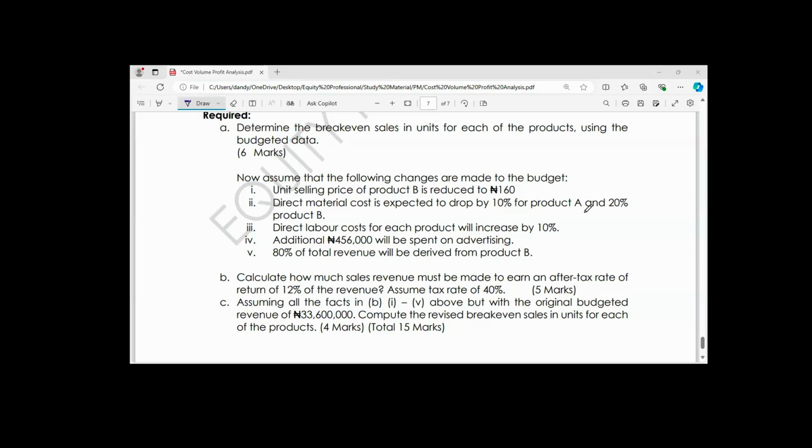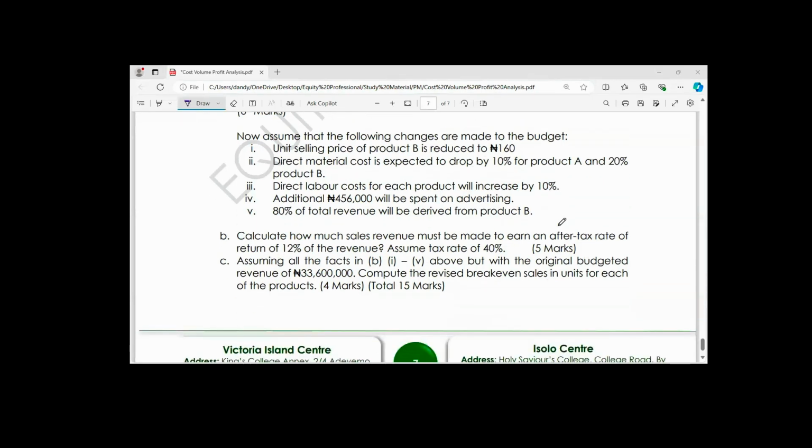C, assuming all the facts in B, that's I to V above, but with the original budgeted revenue of 36,600,000, compute the reverse break-even sales in unit for each of the products. Thank you very much, Tom Grace.